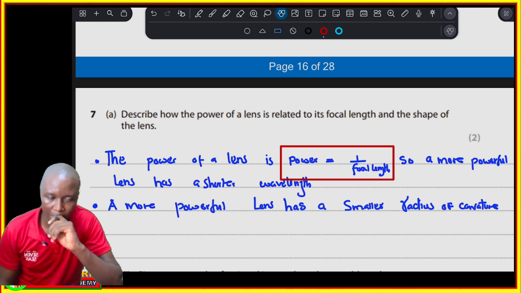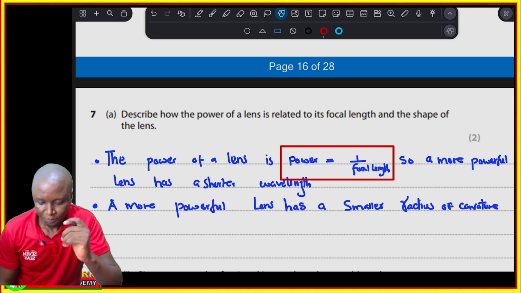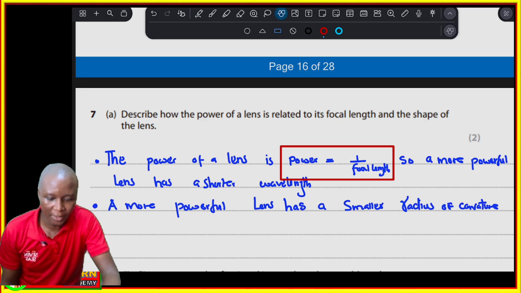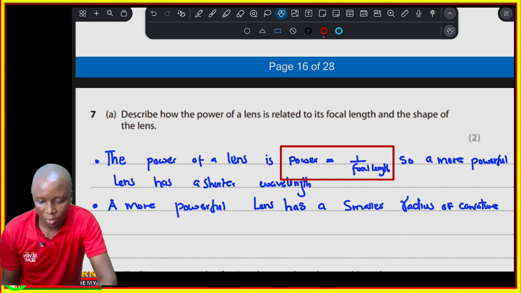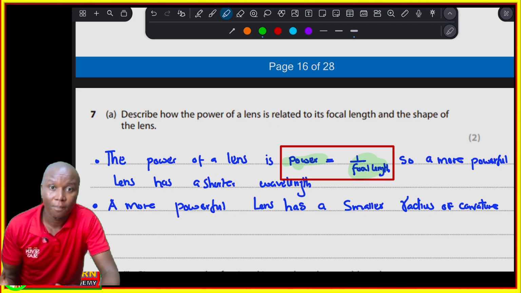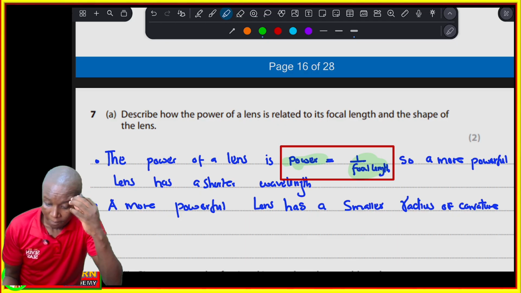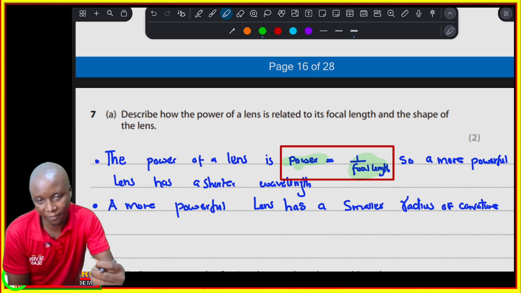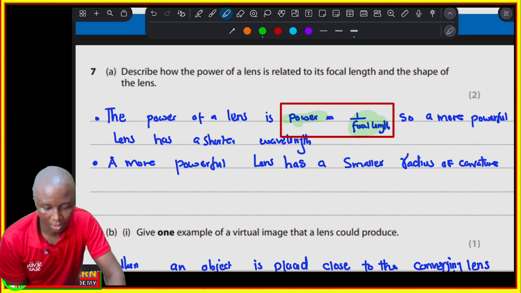So for you to respond, you'll say the power of a lens is given by this formula. A more powerful lens has a shorter focal length because the power is inversely proportional to the focal length. So if you need a powerful lens, you have to ensure that it has a shorter focal length, and a more powerful lens also should have a small radius of curvature, so that you could earn your mark.